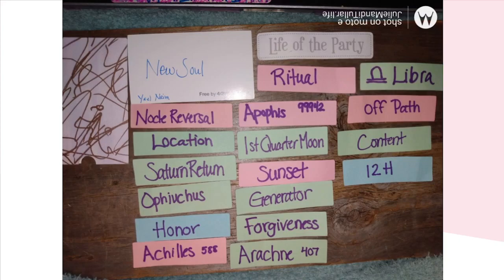Now, I think that the method that you want to replace it with, or the view or understanding that you have to provide, may allow something much more fun. I think you will be using an angle of fun, because we got life of the party up here. Then we got ritual and Libra.